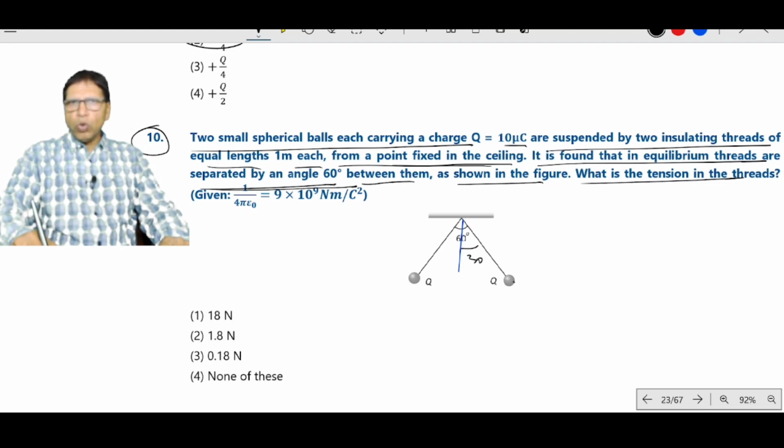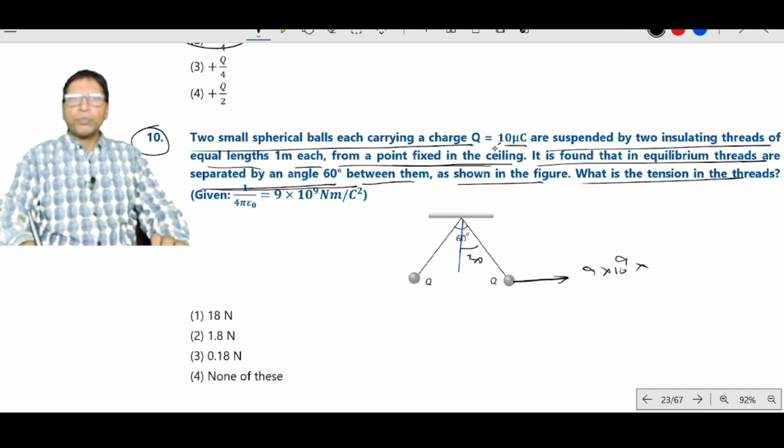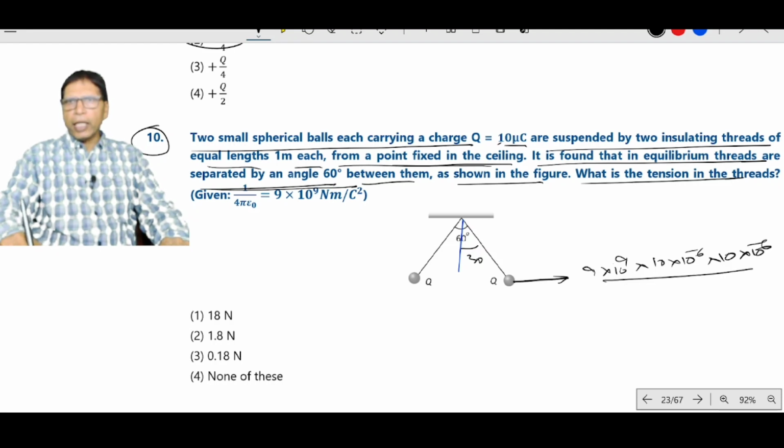Now the force on Q, this is the Coulombian force. The Coulombian force is 9 into 10 to the power 9 into 10 microcoulomb, that is 10 into 10 to the power minus 6, 10 into 10 to the power minus 6 by R square.